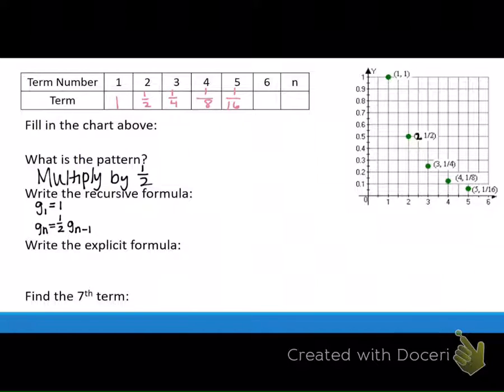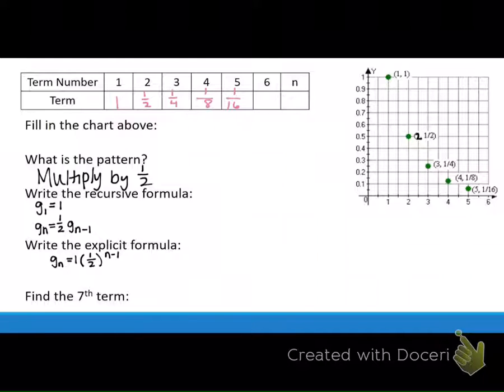All right, the explicit formula. Kaylee, what is the explicit formula? So G sub n equals 1 times 1/2 to the n minus 1. Good.